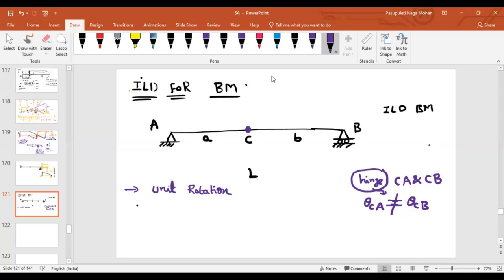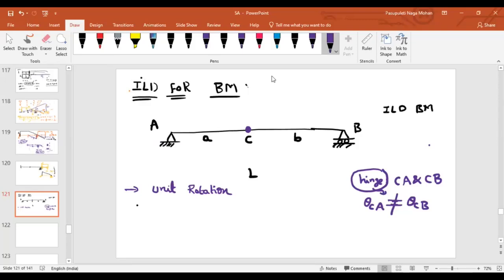Yes, sir. First of all, I release the force at point C by placing a hinge, and then I apply a unit rotation, and then I see the deflected shape. Then I can say that is the ILD for bending moment at that point.